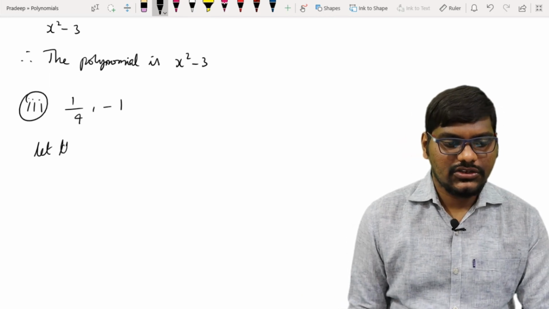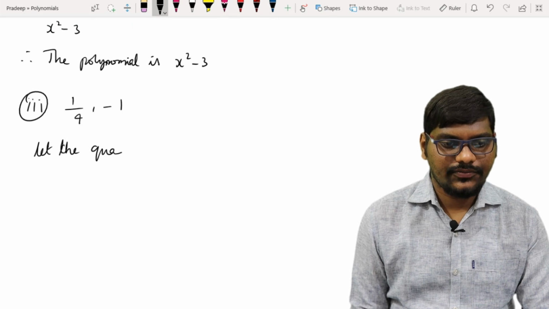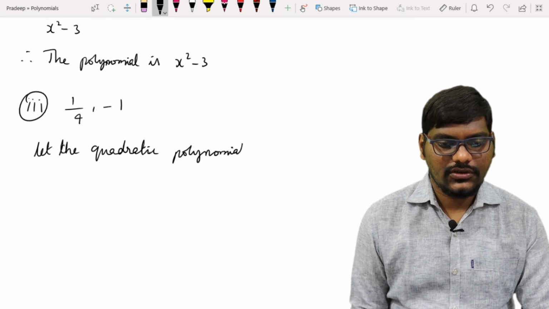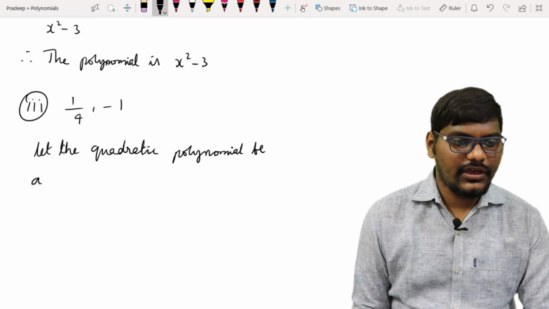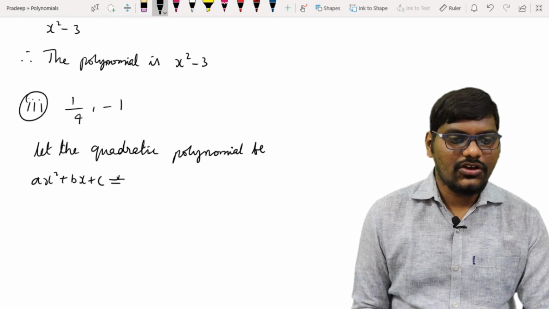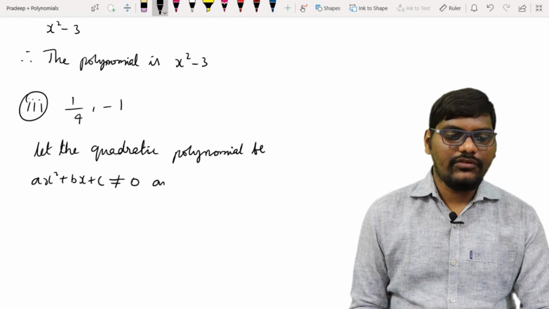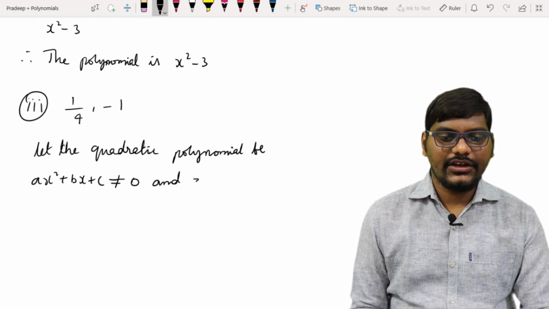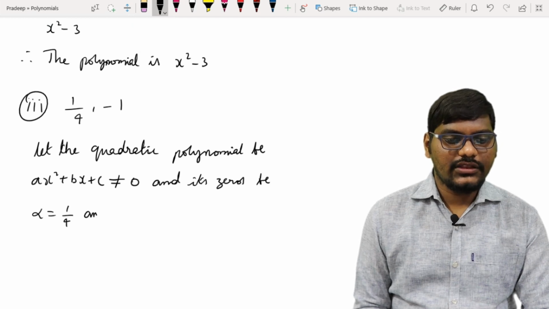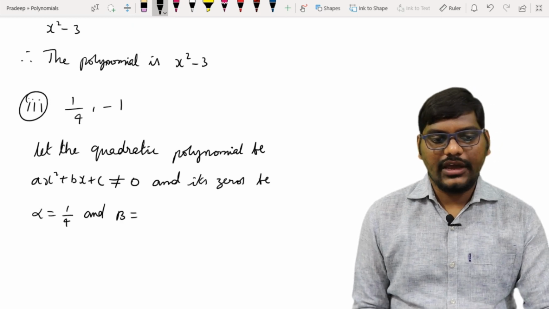Let the quadratic polynomial be ax square plus bx plus c, where a is not equal to 0, and its zeros be, what are the zeros? One is 1 by 4 and the second one is minus 1.